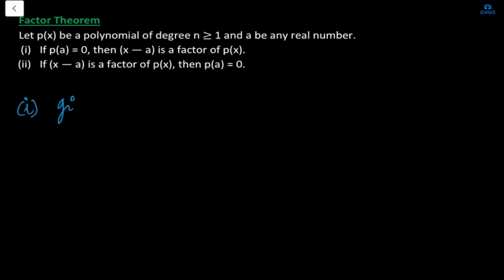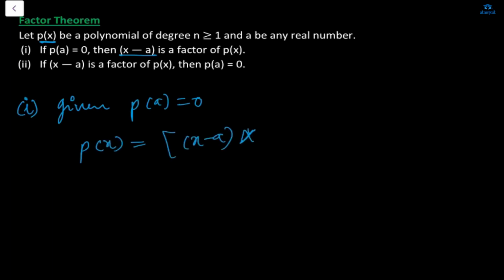From the long division method we know that when we divide a polynomial p(x) by x minus a, p(x) is equal to x minus a times q(x) plus r(x). But here the remainder is not r(x), from the remainder theorem.